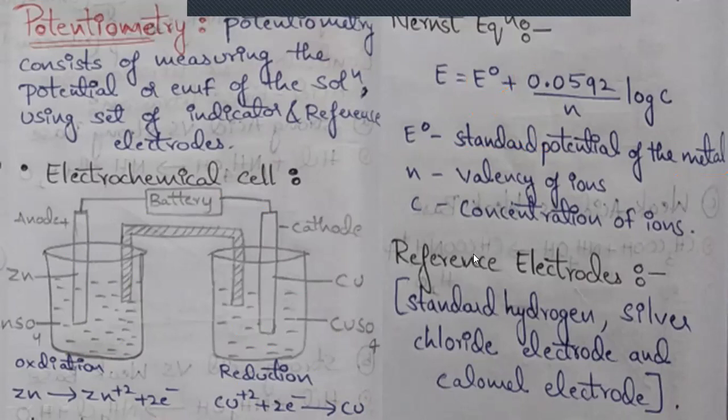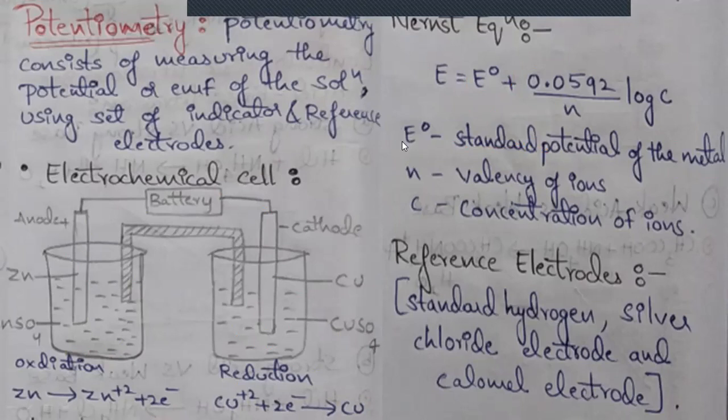Next, coming to the reference electrodes. What is the use of a reference electrode? Reference electrodes are the electrodes which give standard potential values. This is very important. If a reference electrode is not there in potentiometry, we cannot measure the potential values. Why? Because potentiometry depends completely on oxidation-reduction processes, right?